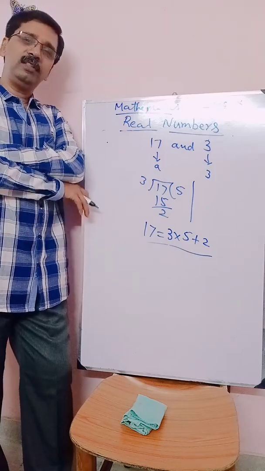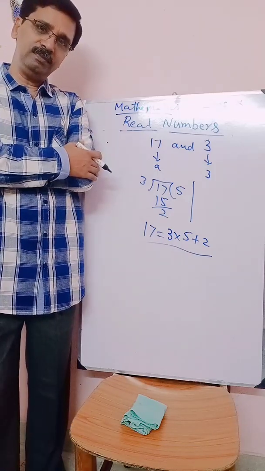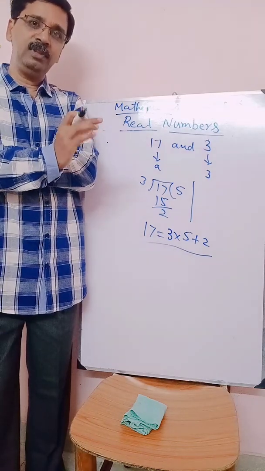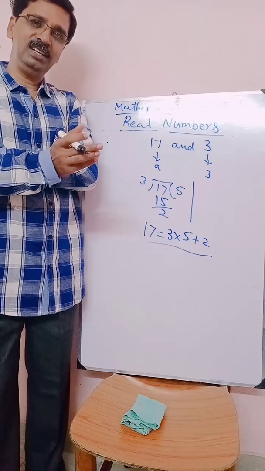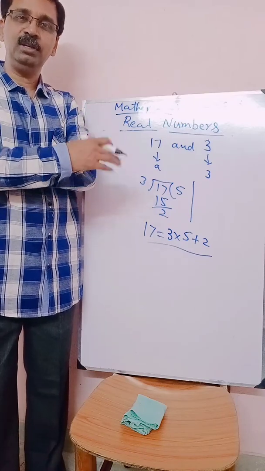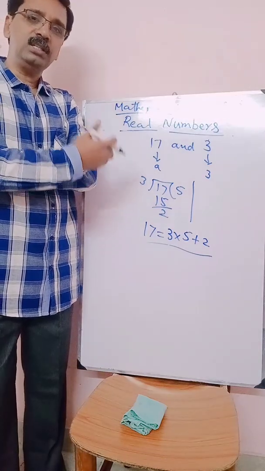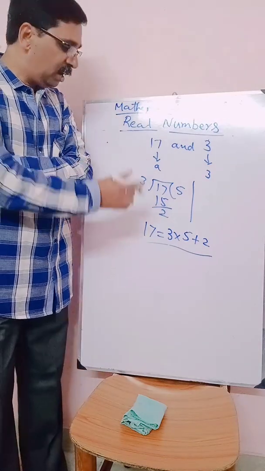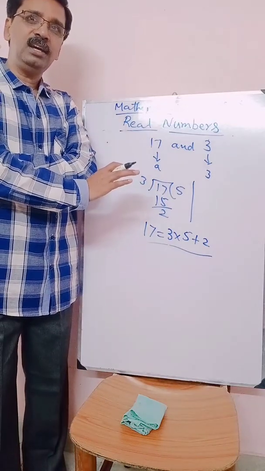Take a textbook, open a page, take that page number. Now open again for a smaller number. Divide the first page number by the second page number. This way you can play a game. Or take any two numbers, and write them like this. Today this is the task for you. Right? And we'll meet tomorrow.